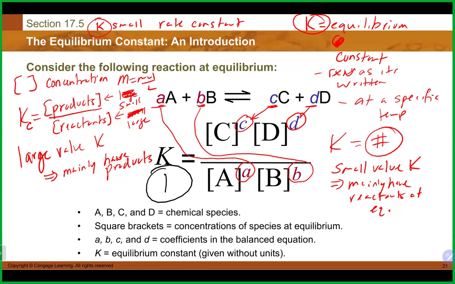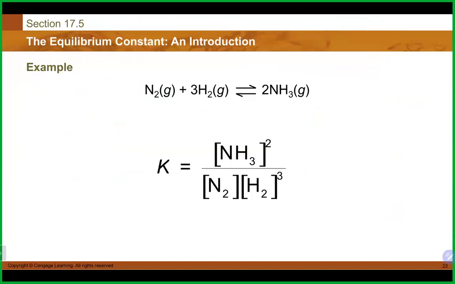You can look at the value of K and determine whether you should expect mainly products or reactants when the reaction is at equilibrium. If you have a K value near 1, you probably have equal amounts, because the only way to get to 1 is for the top number and bottom number to be about the same. So you'll have almost equal amounts in that case.